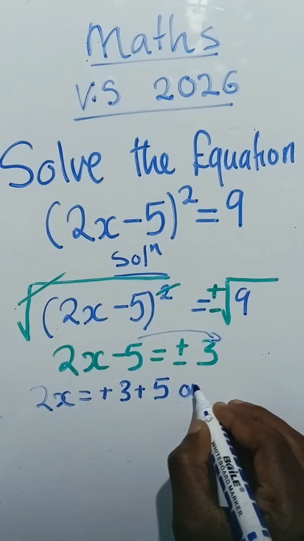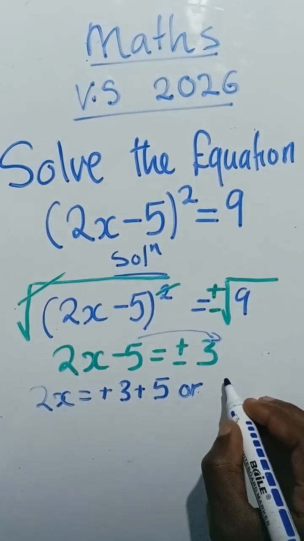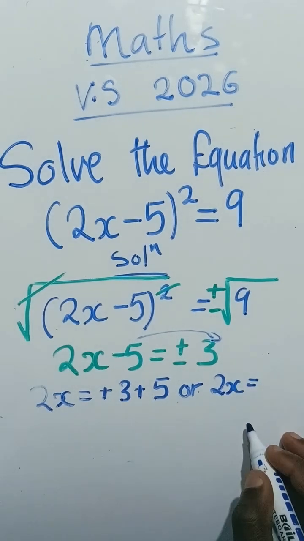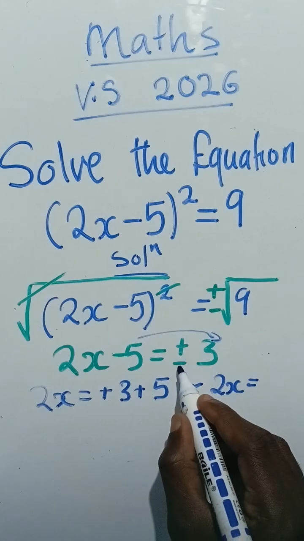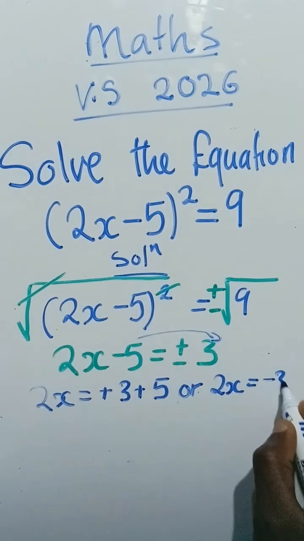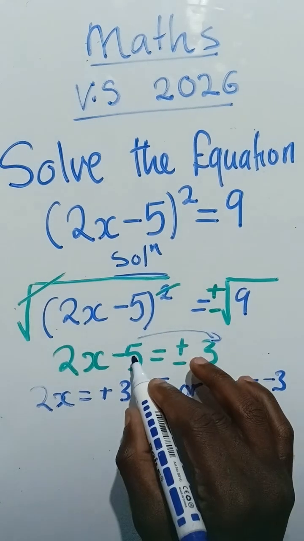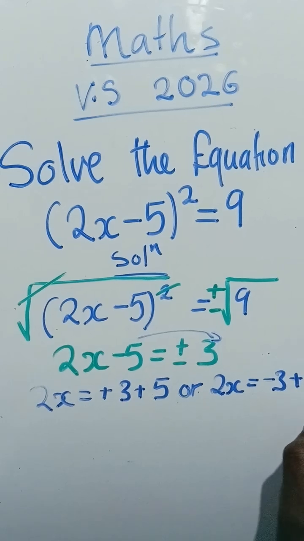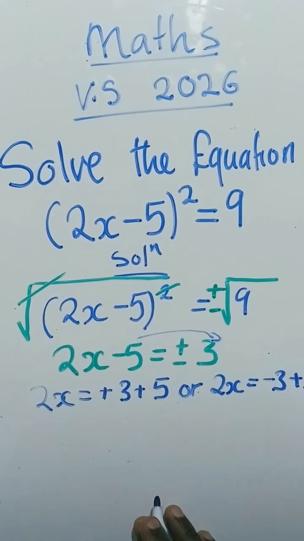And now I'm going to have 2x equals the negative value of 3, then transpose this negative 5 to the other side as positive 5. You can see that? Okay, very good.